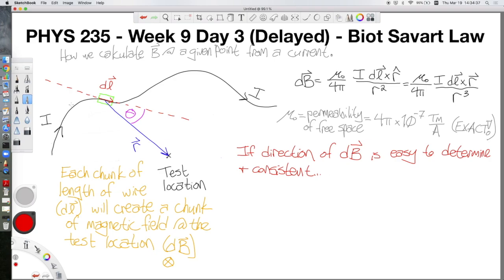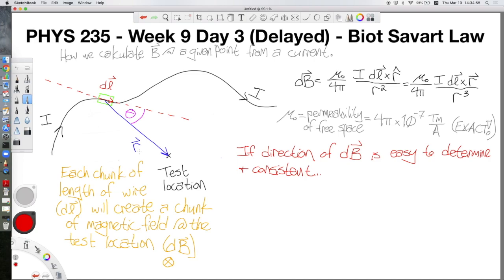So from this example picture, every chunk of wire that you could pick of the wire that I've shown will create a magnetic field into the board at the test location. So we wouldn't need to worry about direction so much. We know the direction would be into the board for every chunk of wire we looked at.